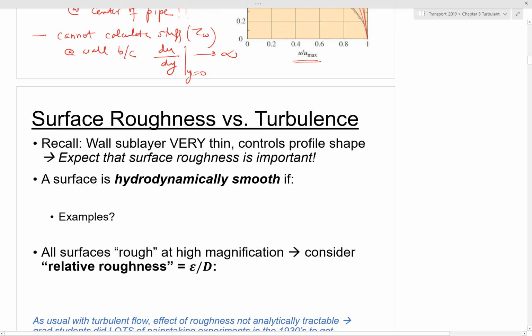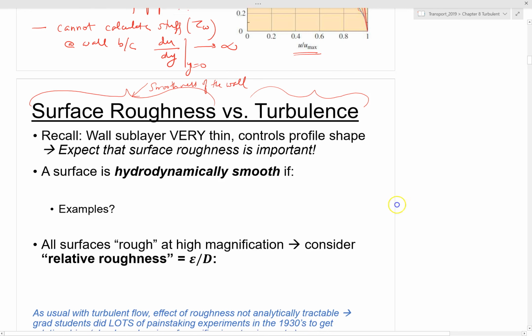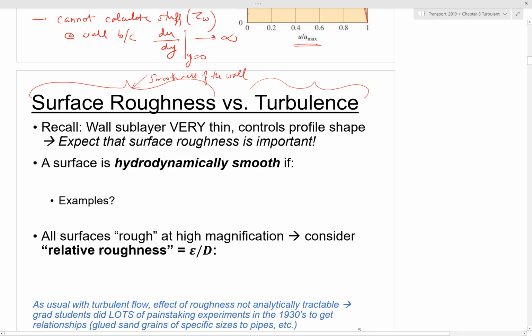So surface roughness is a very important term here versus turbulence. Surface roughness, as the term itself implies, has to do with the smoothness of the wall and how it controls the overall profile.